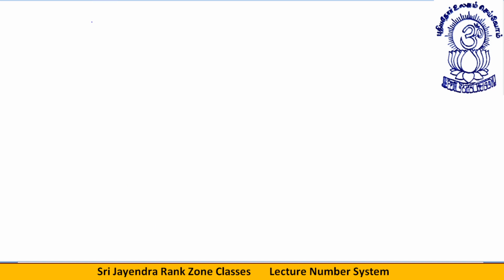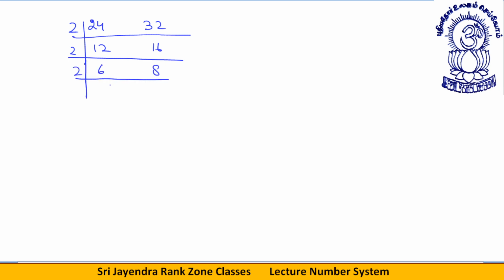It was 24 and 32. I divide them by 2. It will give me 12 and 16. I will again divide them by 2, this will give me 6 and 8. If I again divide by 2, it will give me 3 and 4. Now the stage has come where none of them are commonly divisible by any number.